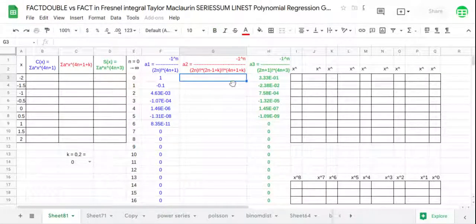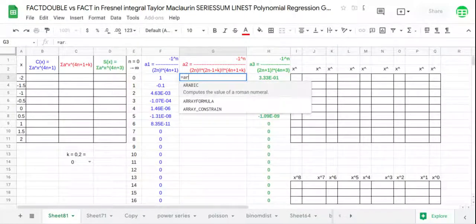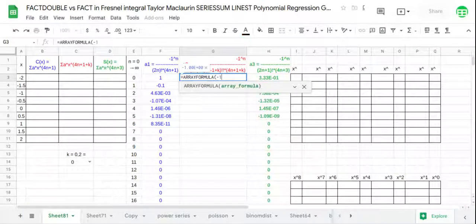Now the expansion coefficient for both. So this is equal to, we use the double factorial. So our formula, minus 1 raised to the power n. That's the numerator. Now the denominator.